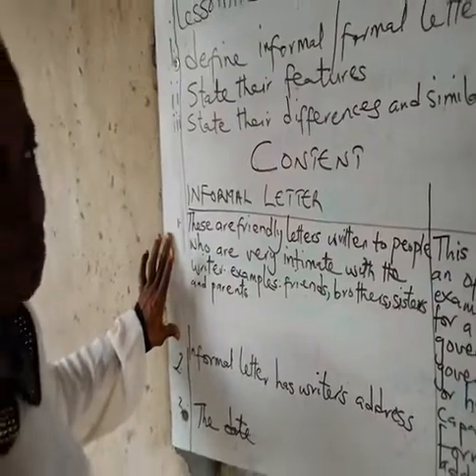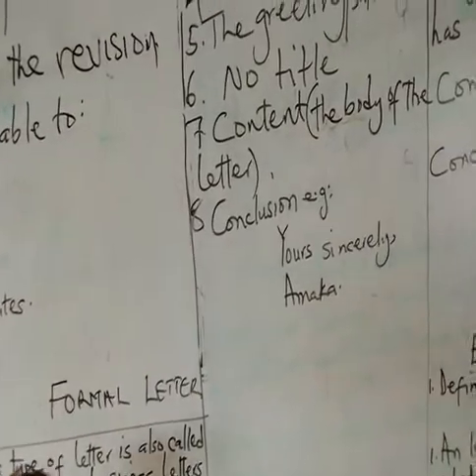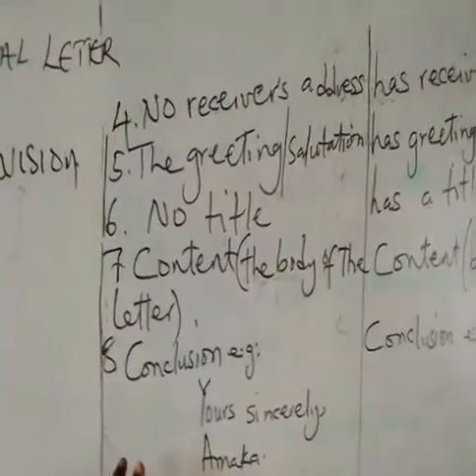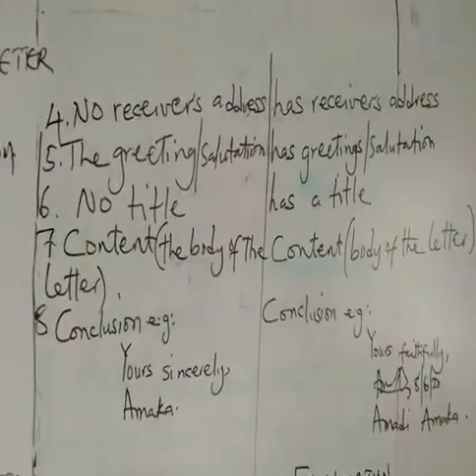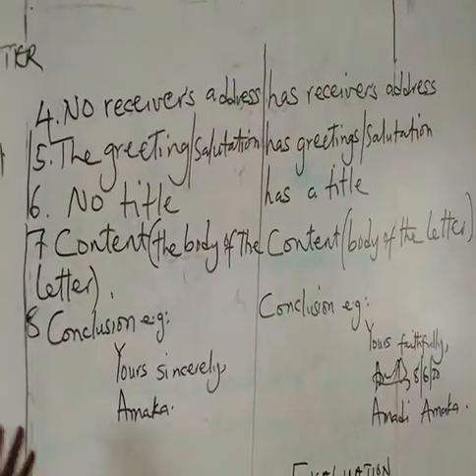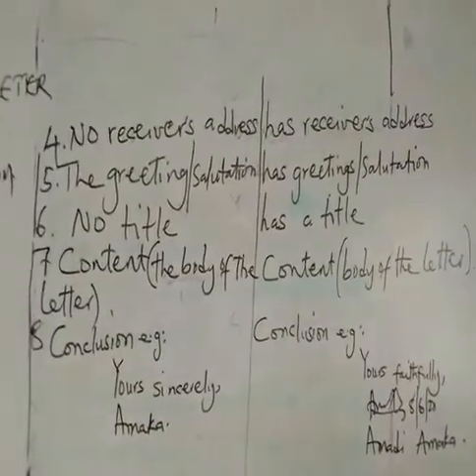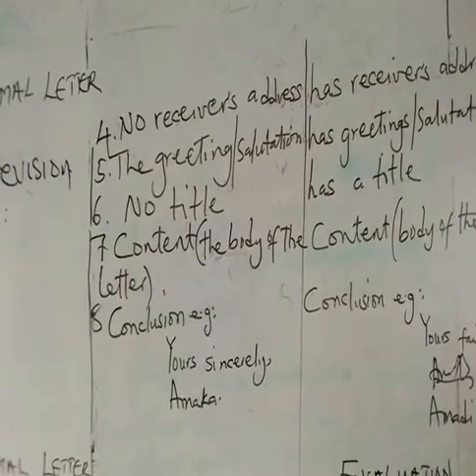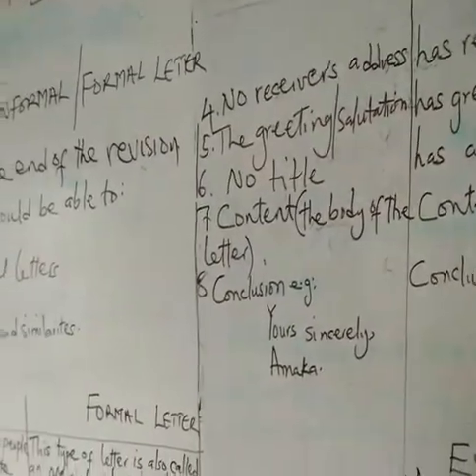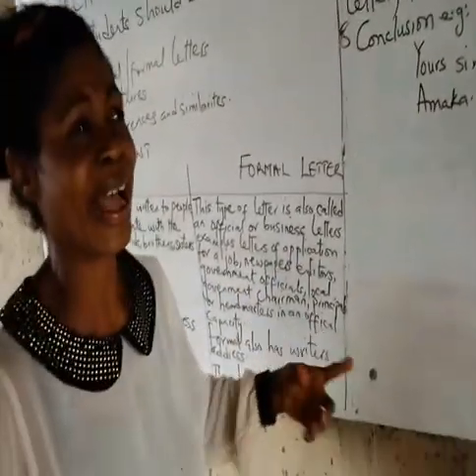It will help you. Now let's look at all this, and you have to study the features. Make sure you copy your notes. Study the features. When you know the features very well, you'll be able to know what you are writing about, whether it's informal letter or formal letter. Remember, the examiner is not going to tell you, write an informal letter about your mom or how your mom will travel to America next week.